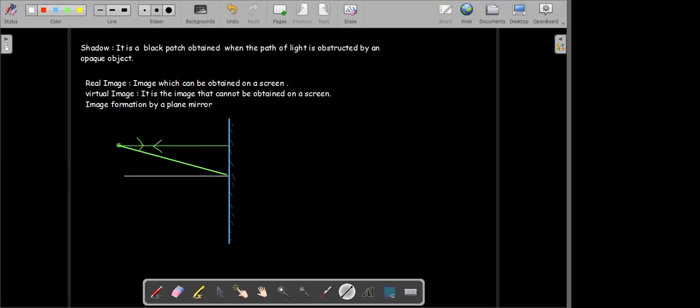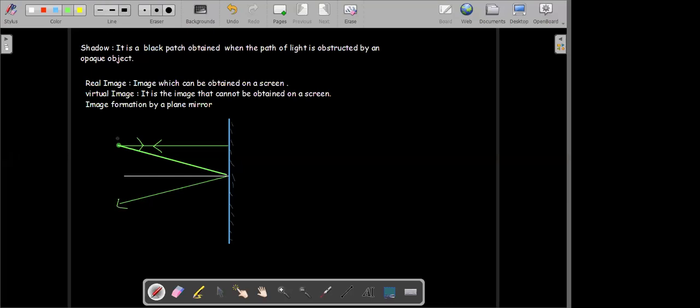So this is our angle of incidence, and the reflected ray should make the same angle with the normal. So at the same angle, your reflected ray also gets reflected. So everyone has understood here how the two rays have been drawn.